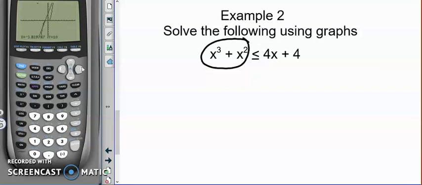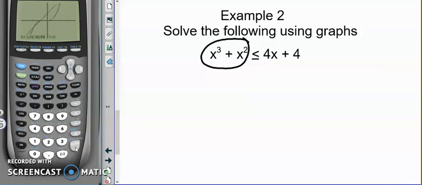So I'm going to hit enter here. I'm going to start making my box. Come down. So it comes up a little bit closer. We're dealing with that part.